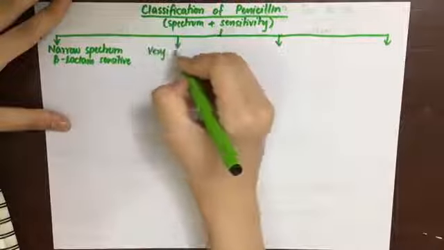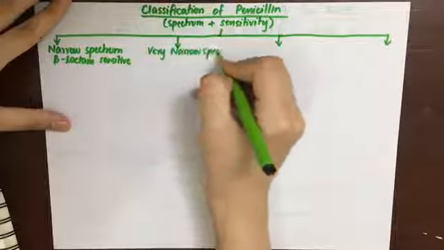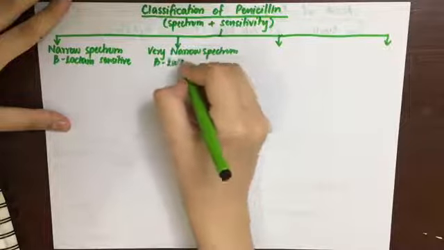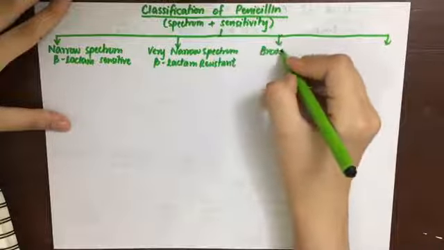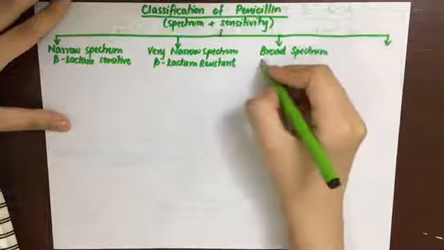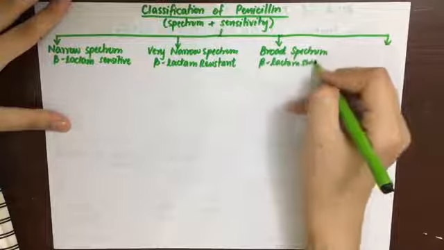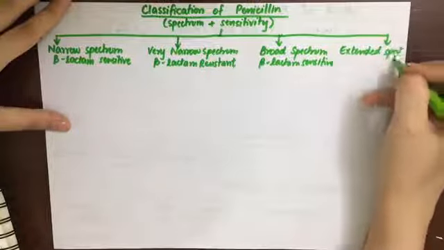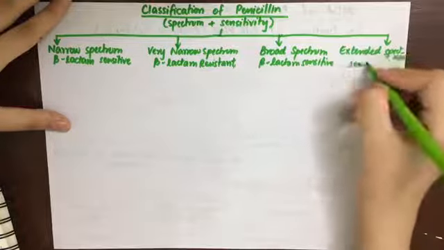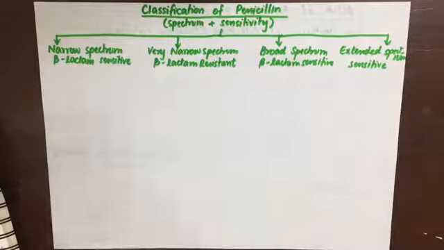They're actually beta-lactamase resistant because we've changed the R group to be protective of the bond that is prone to beta-lactamases. Next are the broad spectrum penicillins, and they are beta-lactamase sensitive. Lastly, we have extended spectrum penicillins, which are also sensitive to beta-lactamases.